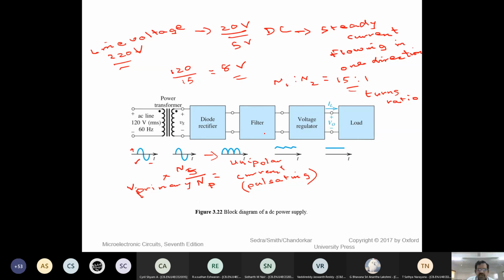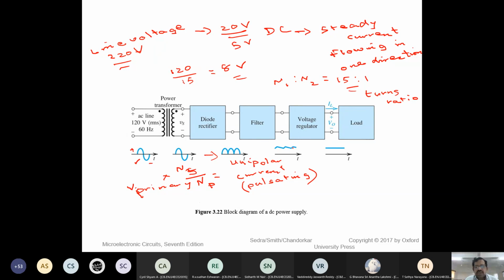The typical filter is a capacitor, and those kinds of filters can yield this kind of signal. From pulsating, what you see is more constant. This is without the filter, this is with the filter. So a filter enables us to get the pulsating current to a more constant current.